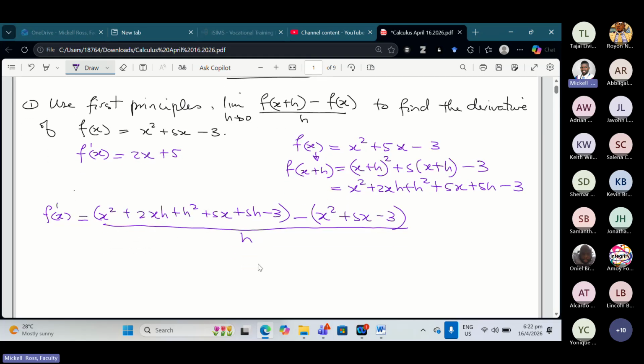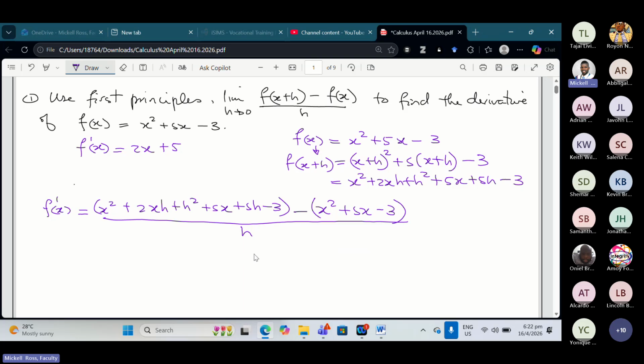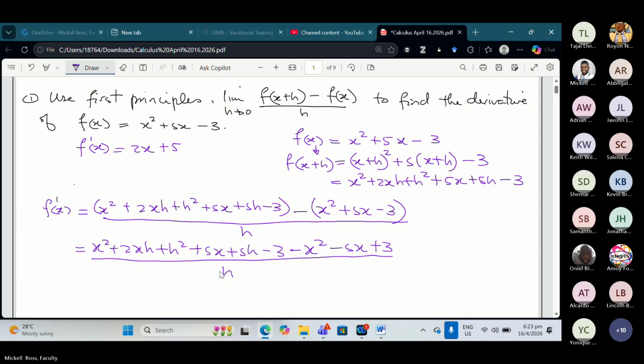Right? So this is now where we expand and simplify. So this is going to be equal to x squared plus 2xh plus h squared plus 5x plus 5h minus 3. The negative distributed over this bracket is going to give us minus x squared minus 5x plus 3. And then we're going to have all divided by h.